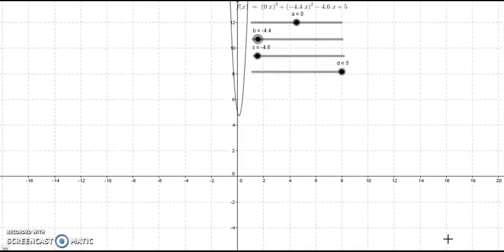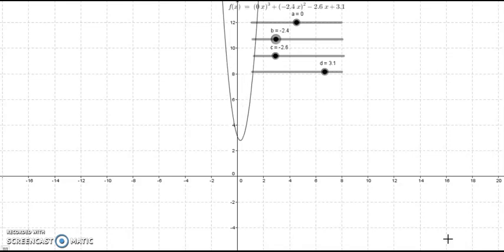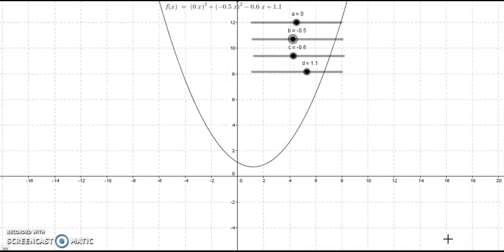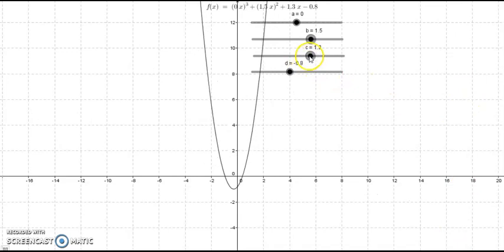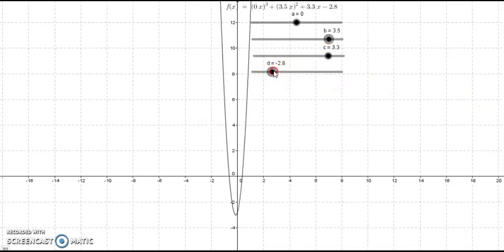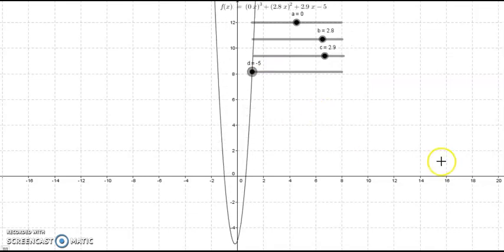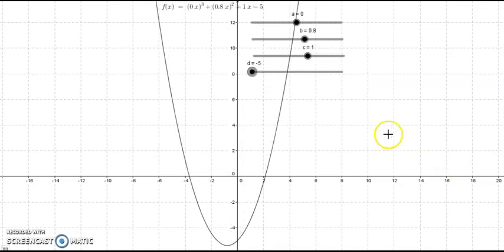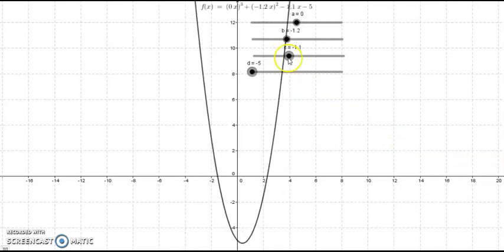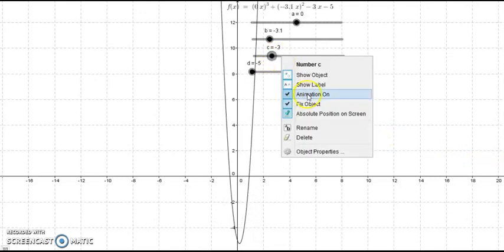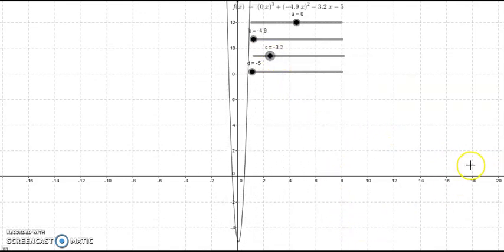So my b value, as that becomes a negative value, my c, I just want to pause quickly with the d value and show how this graph will change if my values change.